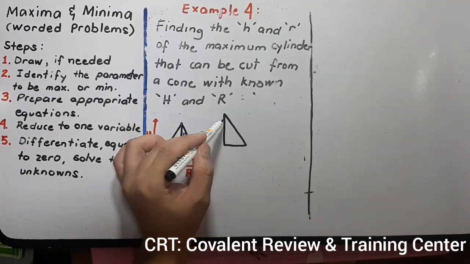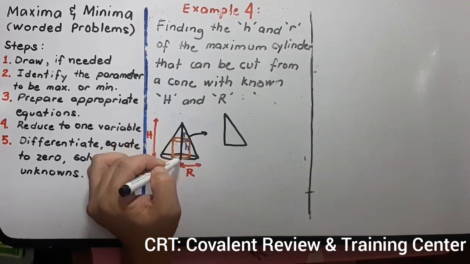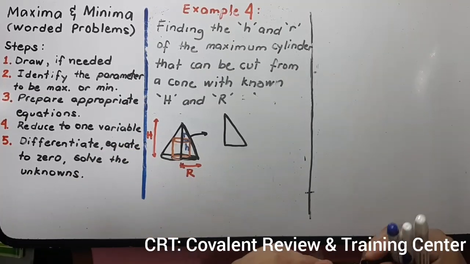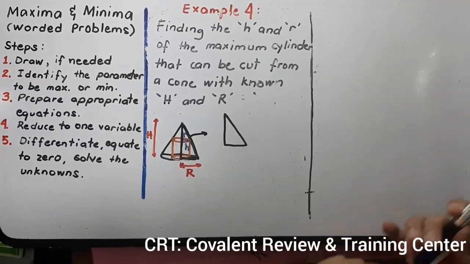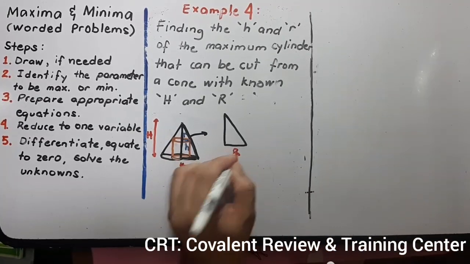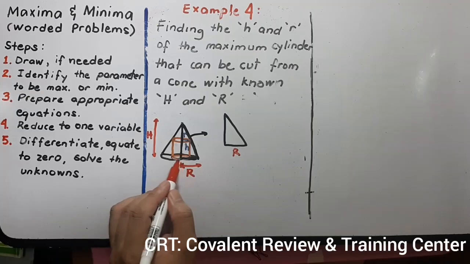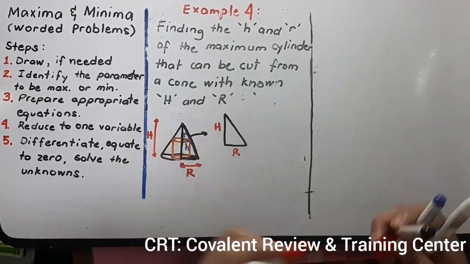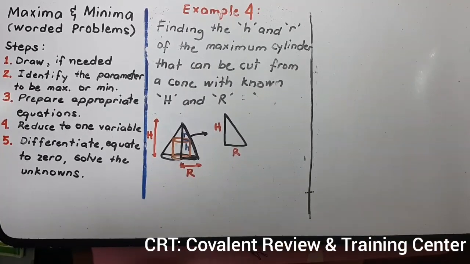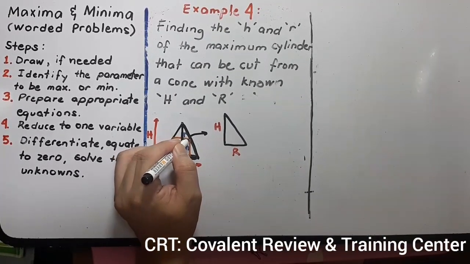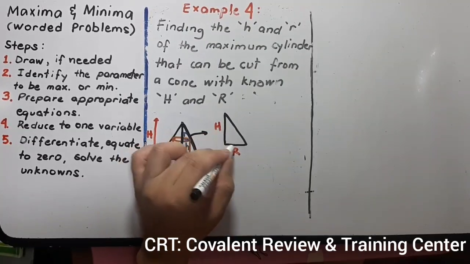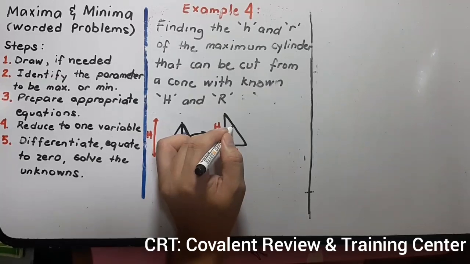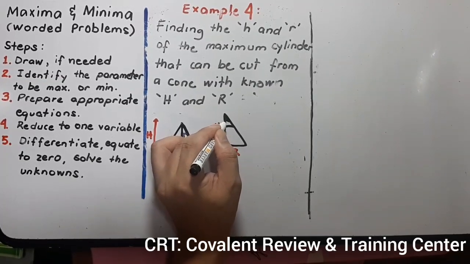So we have a bigger triangle represented by this side of our initial drawing. So this bigger triangle has a base of capital R because of this initial drawing and has a height capital H. There is a smaller triangle here that is similar to our bigger triangle. This is the smaller triangle and illustrated in our isolation as this.